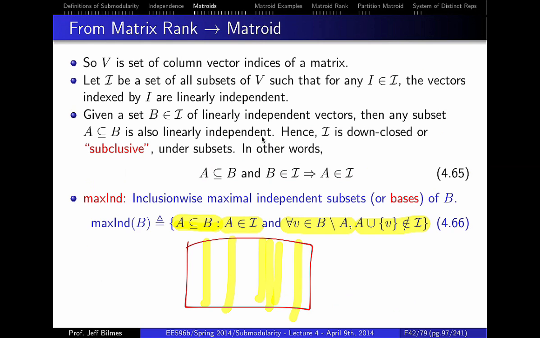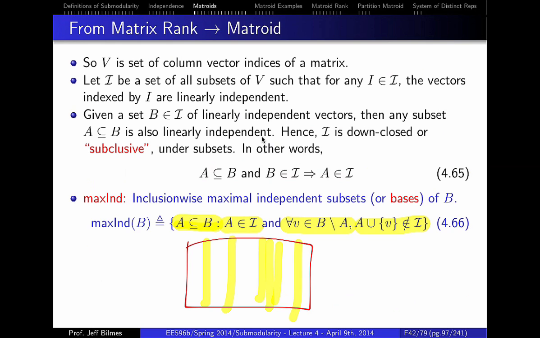So B is not in I for this bullet point? B could be or it could not be. There's nothing that says that B need be in I. What if B was in I? What would happen? B itself would be a maximally independent subset, right? Would there be any subsets of B that were maximally independent?